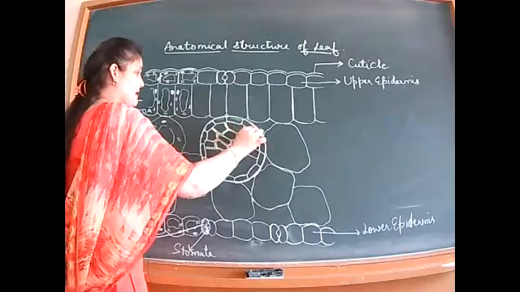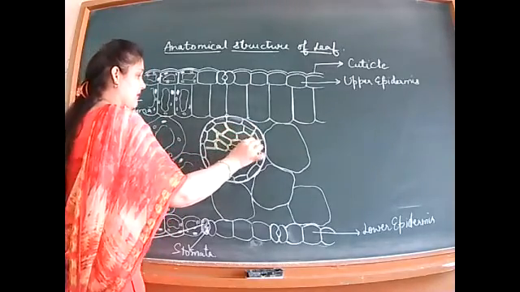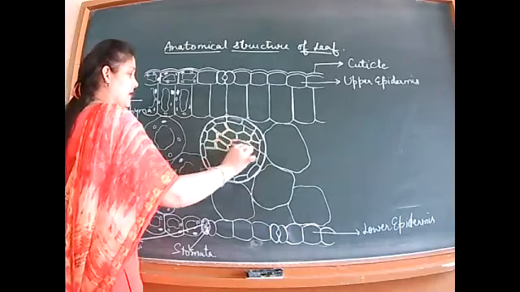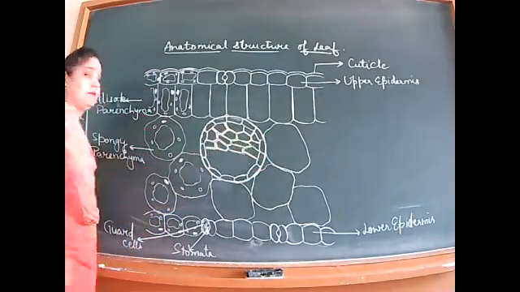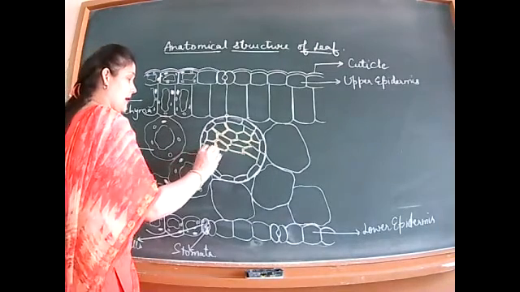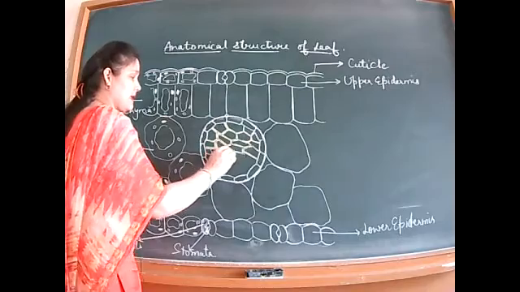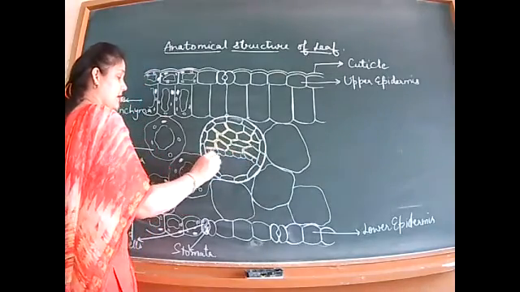These are xylem, responsible for conduction of water across the whole plant, right? And then there are the phloem cells. Phloem cells are irregular, small in size, and made with thin walls, right?